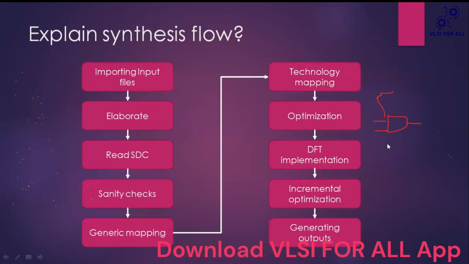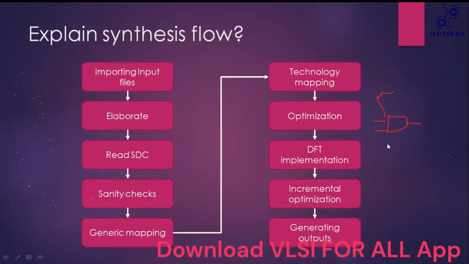As I said, we are giving .lib as an input to the tool. So the tool takes the undergate; here I took undergate as an example. The tool will take the undergate in the .lib file and map this symbolic undergate to that technology, whatever undergate the .lib file has.